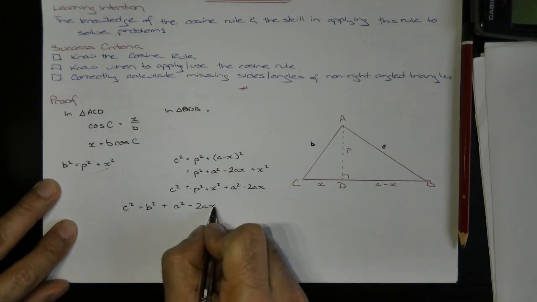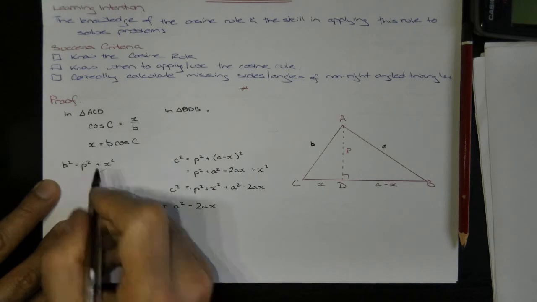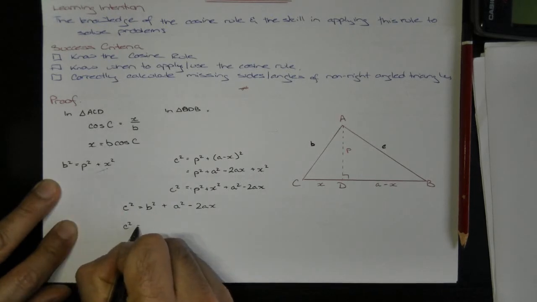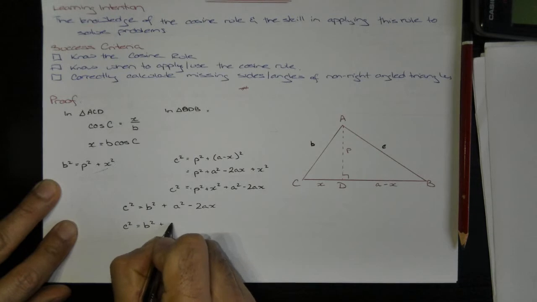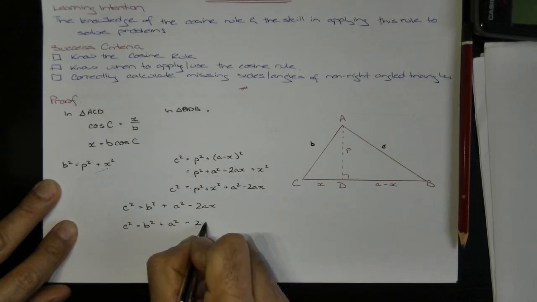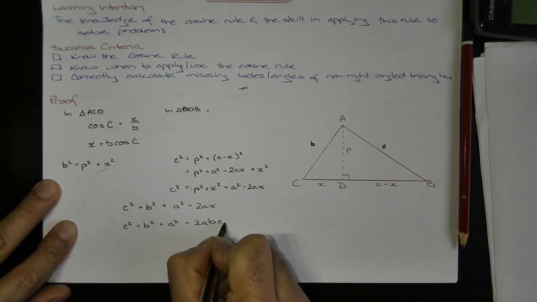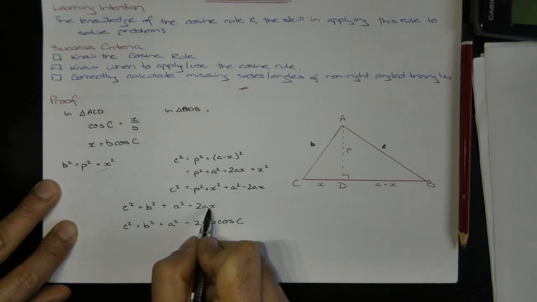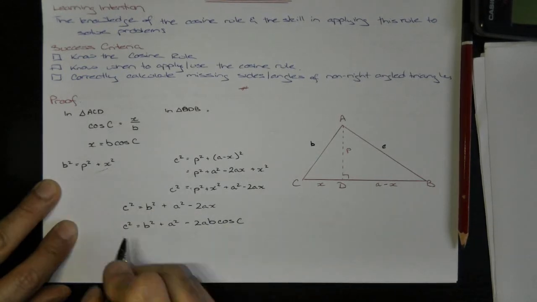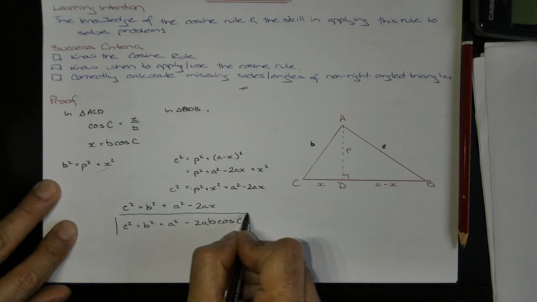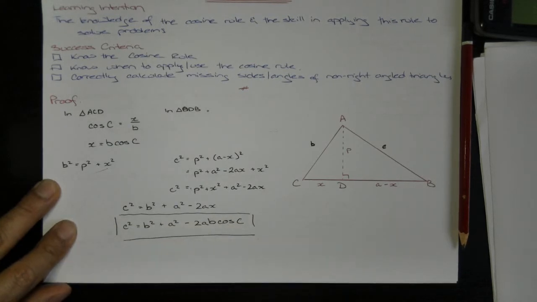We want to get rid of this x. Now, x we know is b cos C. So c squared is actually b squared plus a squared minus 2ab cos C. Instead of writing x, I write b cos C. And this here is the cosine rule.